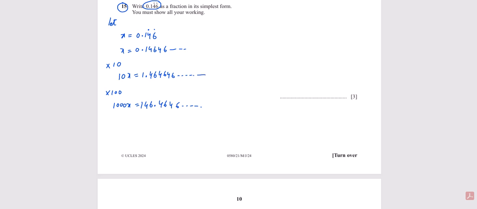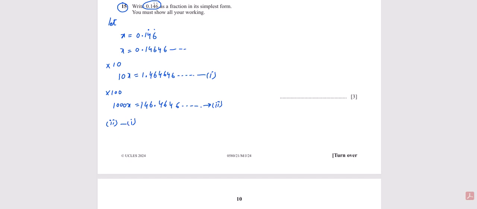So this equation is 1 and this equation is 2. Subtract this equation, means that subtract equation 2 minus equation 1.